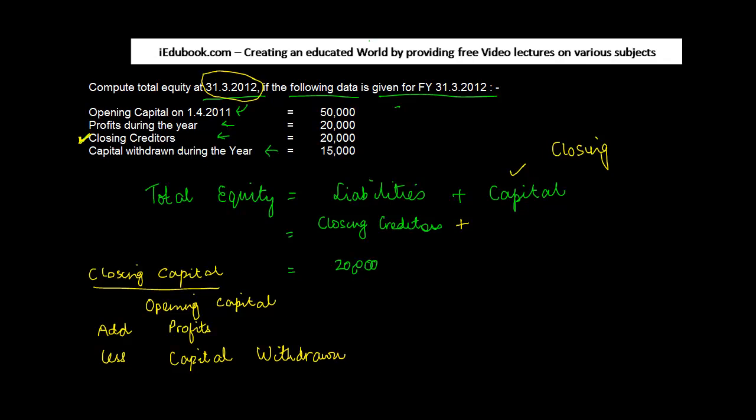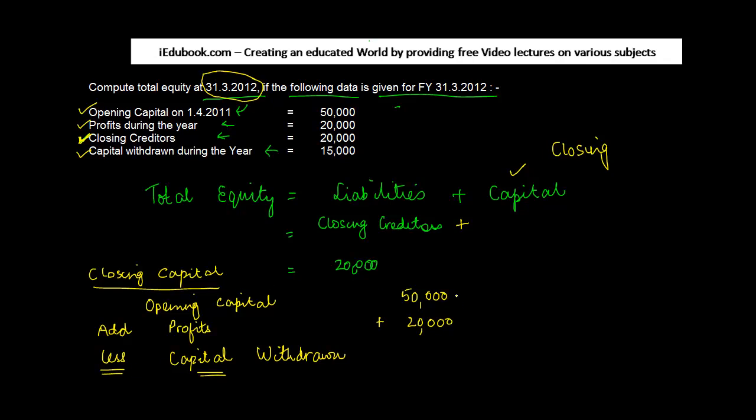right? Now my opening capital is given to be 50,000, which is this number. I'm done with this, so I just tick it off. Then the profits, plus 20,000. Then I'm told that the capital withdrawn during the year is 15,000. So capital withdrawn is to be reduced. Why?